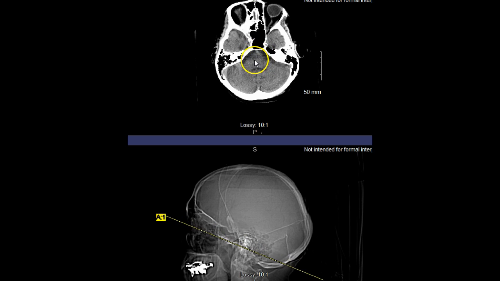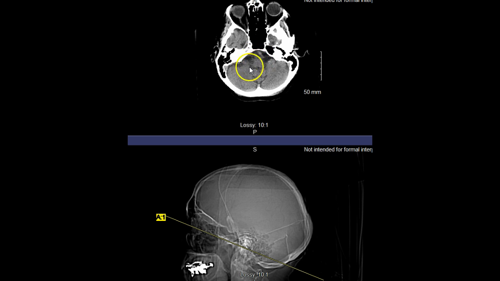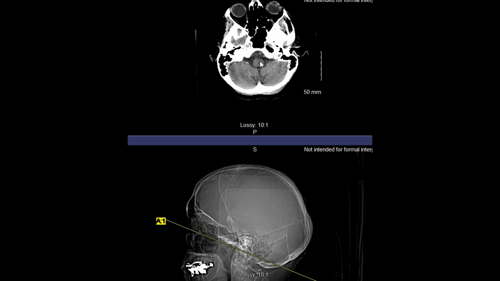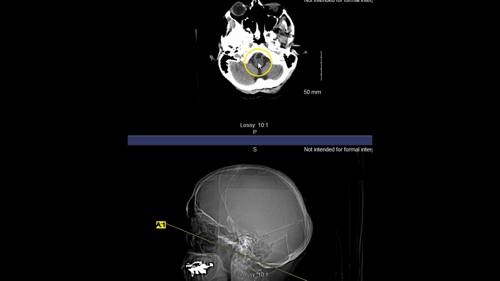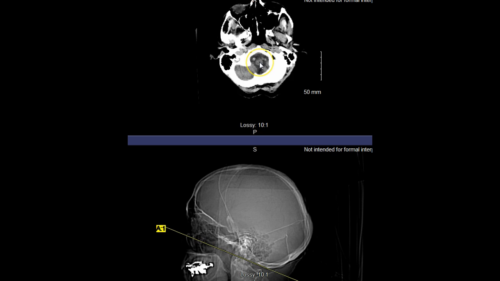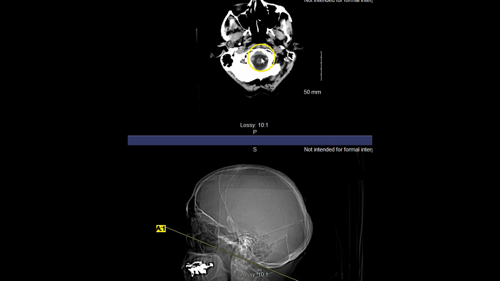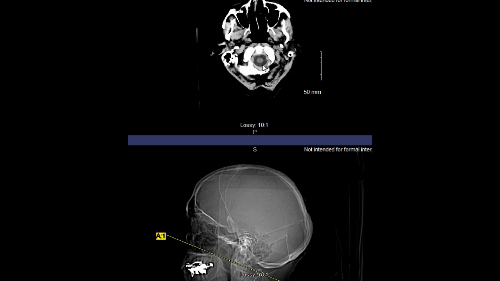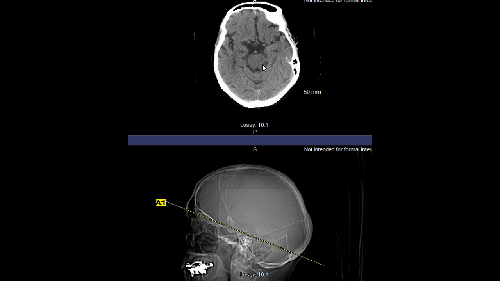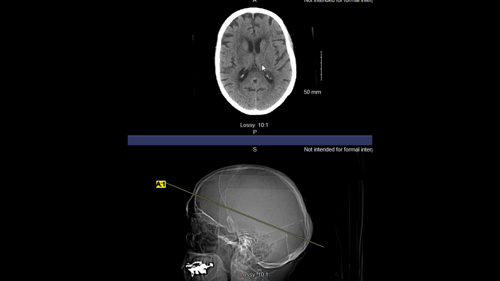You can't see the medulla very well here, but we can start to see it here pretty well. So we can see the medulla oblongata there, and then going down into the spinal cord as we transverse through the foramen magnum. So lots of structures, of course, associated with the brain. There's a lot more than what I'm pointing out here.